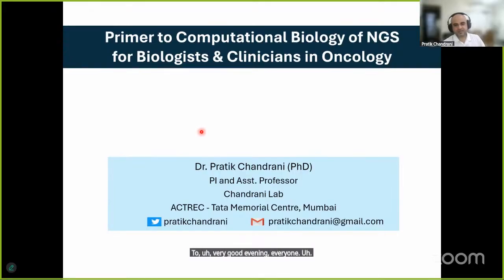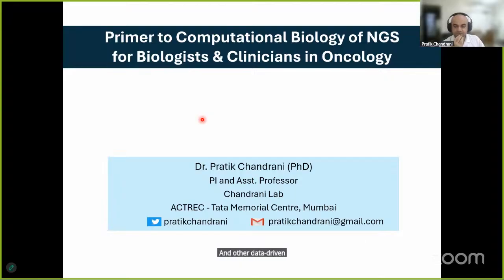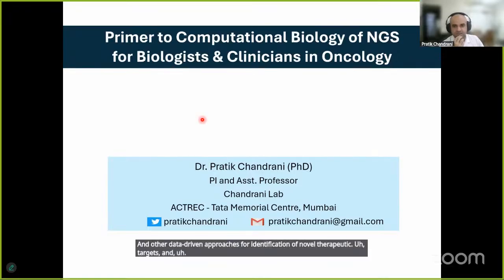I'm Pratik Chandrani. I'm a scientist at ACTREC Tata Memorial Center, and my lab focuses on cancer genomics and other data-driven approaches for identification of novel therapeutic targets and novel diagnostic and prognostic methodologies for cancer.